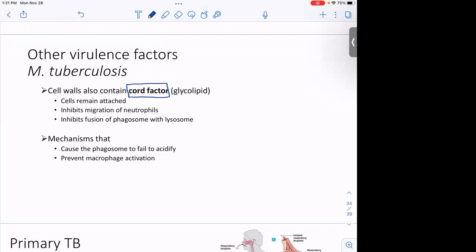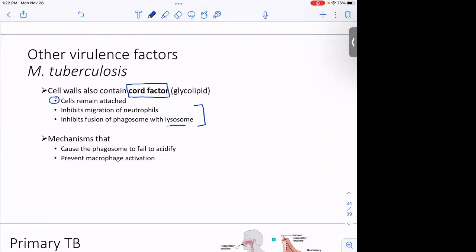So we know that's an important part of that cell wall. We know that it's important for the cells to clump together. Again, we don't really understand why that's important, but maybe it has some role in inhibiting the chemotaxis of neutrophils towards the cell and making it withstand those enzymes from the lysosome, or even inhibiting the lysosome from fusing with the phagosome.